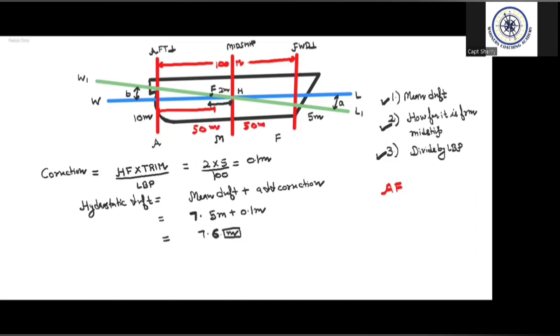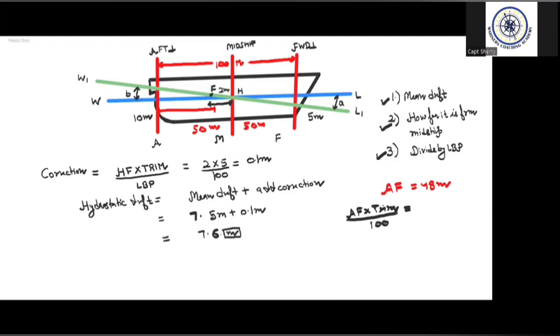So what will be my AF? The center of flotation is 2 meters from midship, so if I subtract that, 50 minus 2 will give me 48 meters. So again, I can do the same drill. The formula will be: correction equals AF multiplied by trim divided by 100.